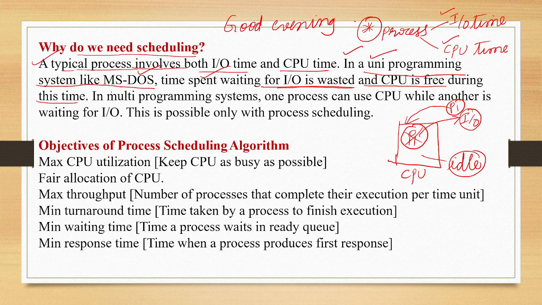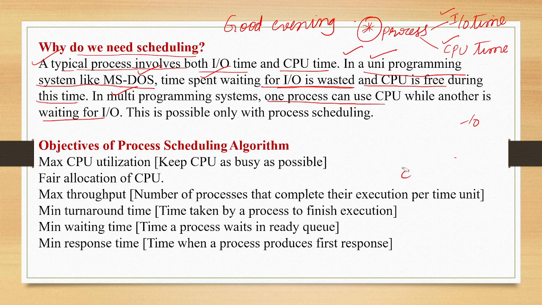But in multi-programming systems, one process can use the CPU while another is waiting for IO. What is multiprogramming? I will give you one more picture for this. Here, initially the CPU is executing process P1. After some time, process P1 goes for some IO.